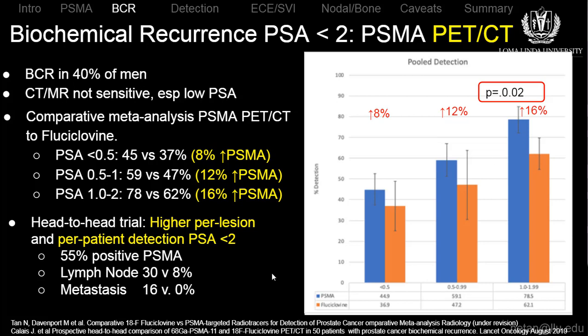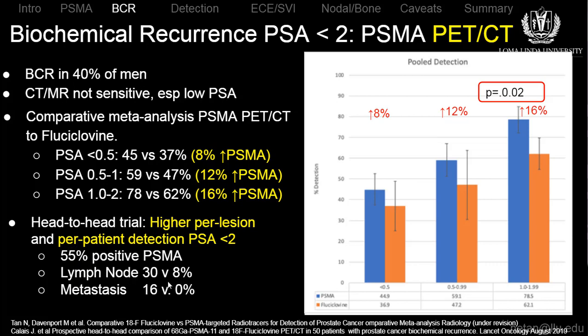This was confirmed by a head-to-head trial that was published in Lancet Oncology in August 2019, which demonstrated both higher per lesion and per patient detection in a setting of biochemical recurrence with a post-treatment PSA of less than 2. The overall positivity rate on PSMA PET CT was over 50%.